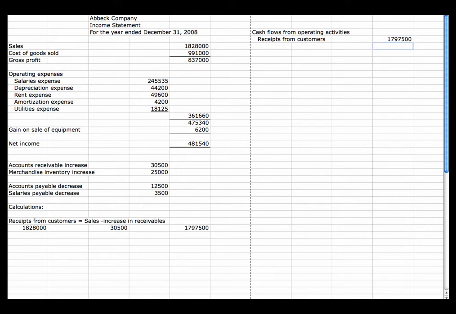The next one we want to look at is the payments for merchandise. Now, the payments for merchandise is going to probably come from our accounts payable. So let's create a formula.